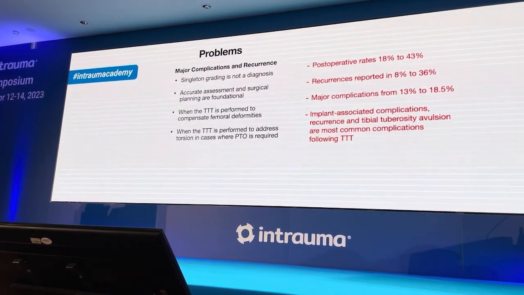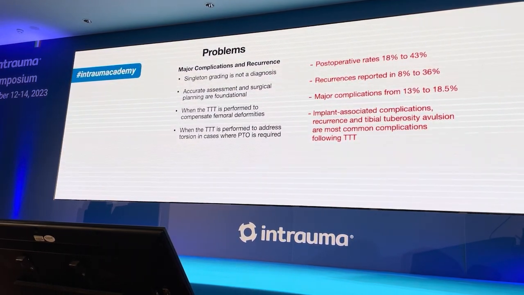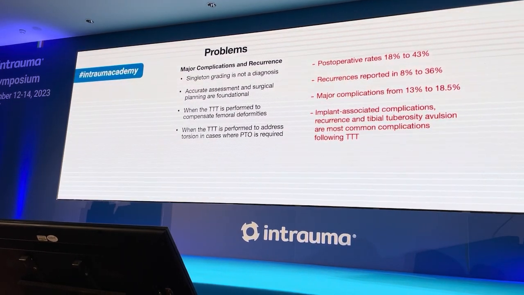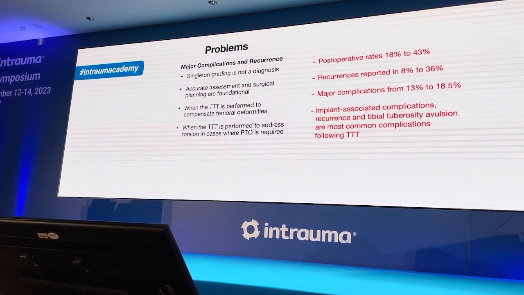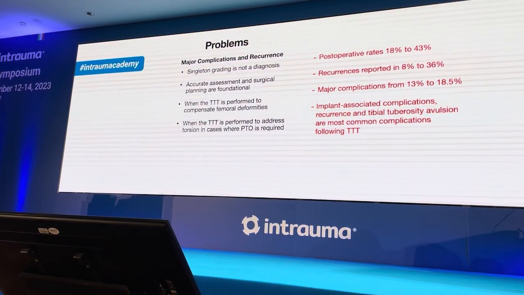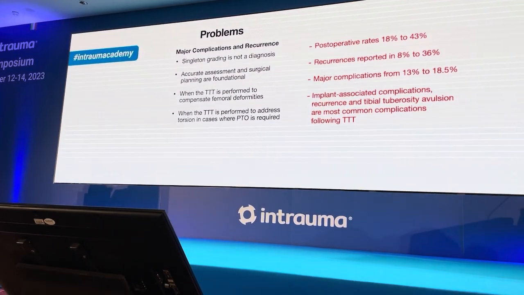Additionally, when a tibial tuberosity transposition traditionally is performed to compensate for femoral deformities, or performed in a tibia to address torsion in cases where a proximal tibial osteotomy would be more appropriate, in cases with tibial torsion over 15 or 20 degrees, it can also contribute to this high complication rate.